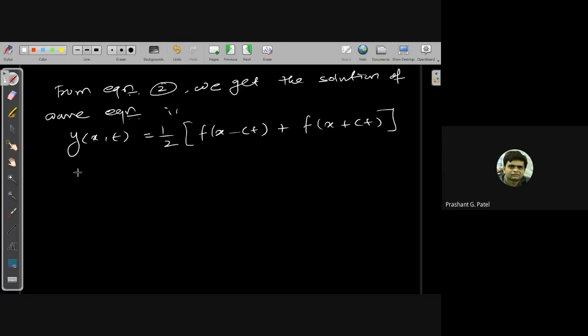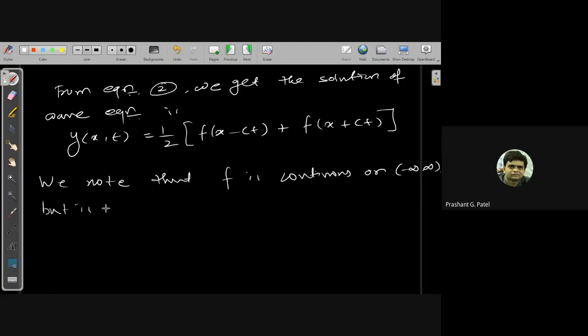Now we observe that this function f is continuous on minus infinity to plus infinity, but it is not differentiable at 3 points, that is 0, a and minus a.